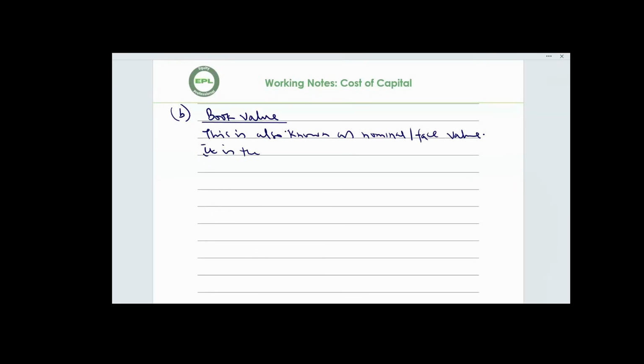It is the value or figure given in the balance sheets, or statements of financial position. Okay. So the figures that you have in the balance sheet is the book value. All right.